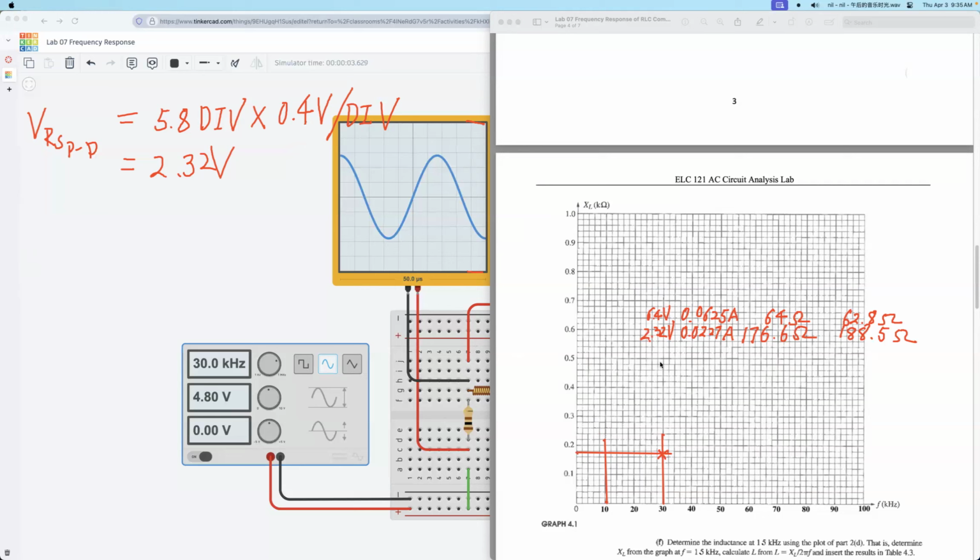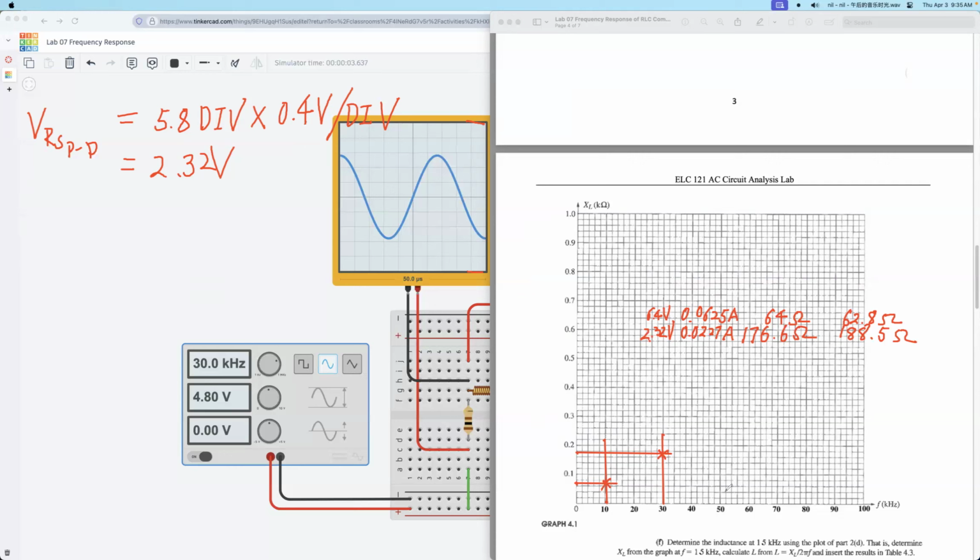Okay, so this is 64. So 20, 40, 60, 64, close to 60. Okay. Yeah, almost here. So this is the first one.